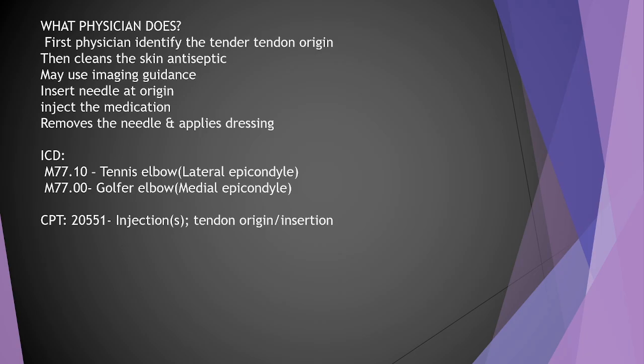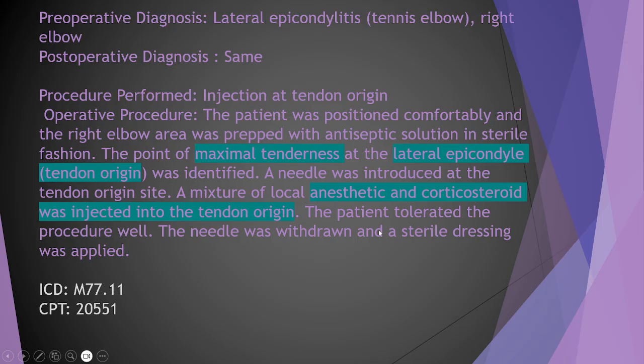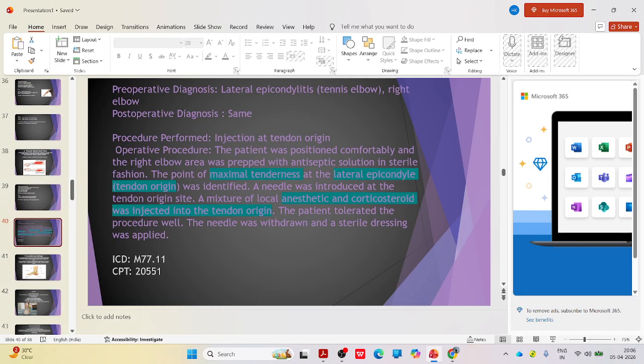After the identification of the tendon's origin site, he will clean that area with skin antiseptic, and with some imaging guidance, insert the needle at the origin with the medication, remove the needle and apply the dressing. So here you can see that the M77 series is the ICD, and the CPT is 20551.